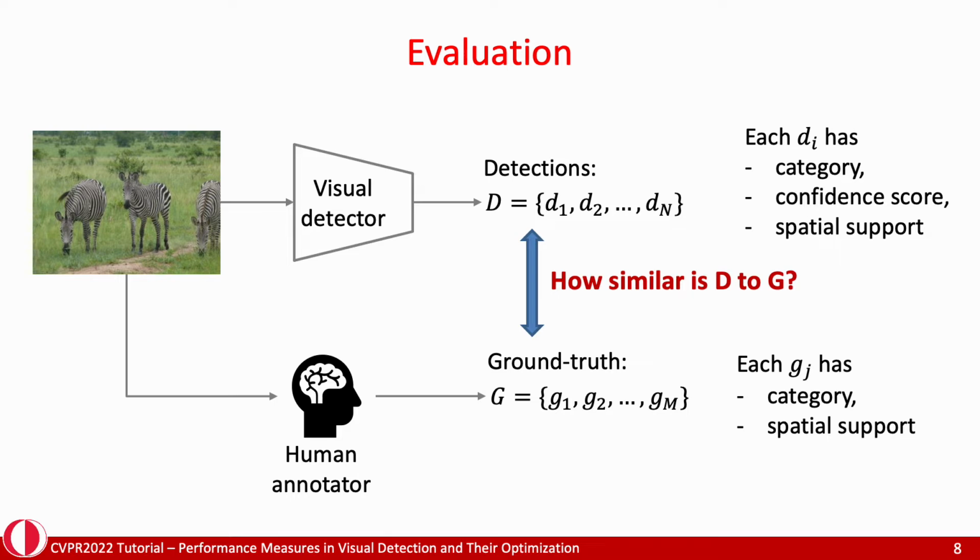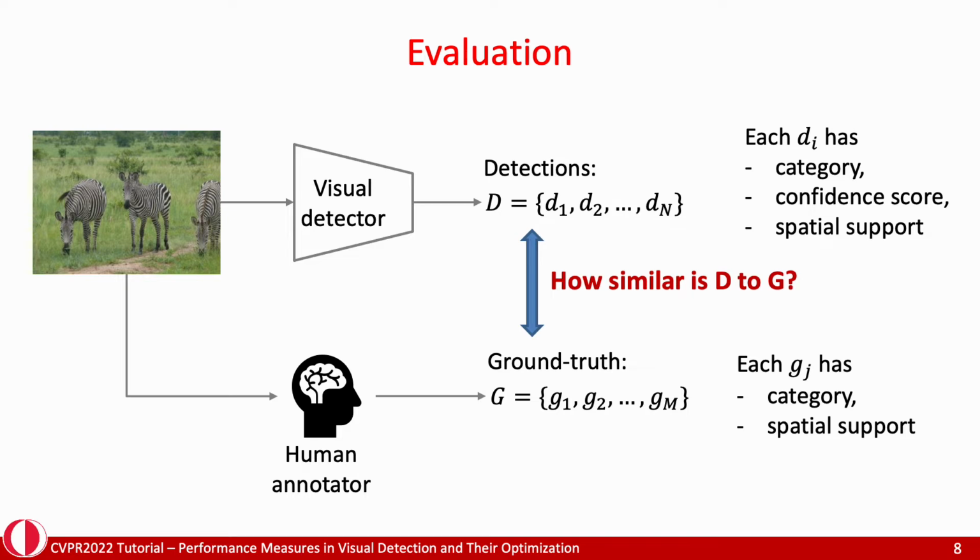This is obviously not a trivial problem, since we are essentially comparing two lists with different sizes, and the elements in each of these lists are not simple entities. They have categories, confidence scores, and spatial supports.